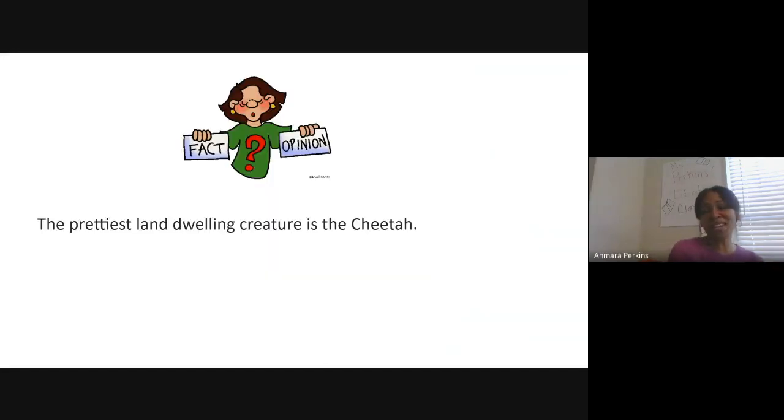So the prettiest land-dwelling creature is the cheetah. So I'm going to look for some fact clues, things that I can prove. And then I'm going to look for some opinion clue words, words that show feelings, beliefs, thoughts. Do you see what I see? That's right.